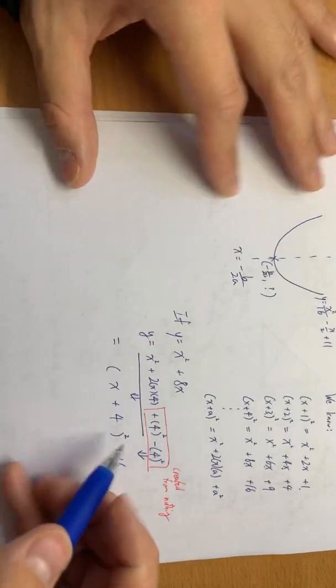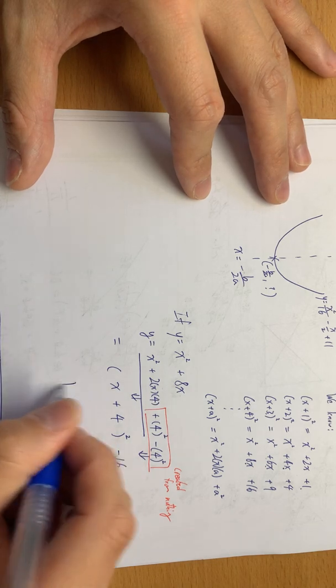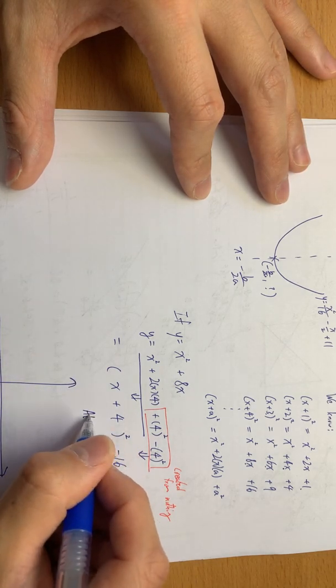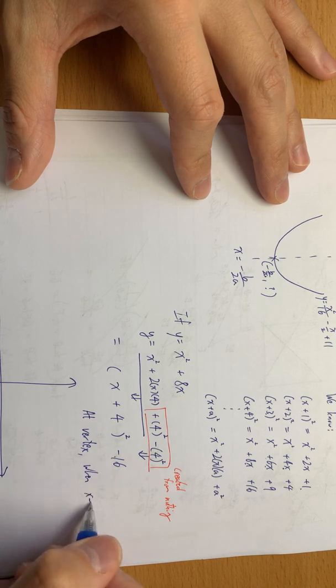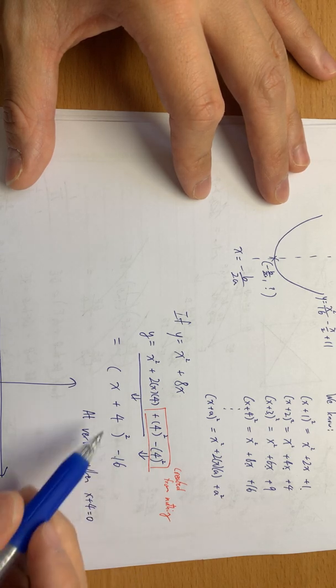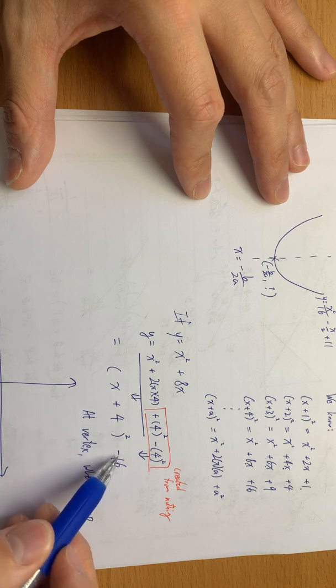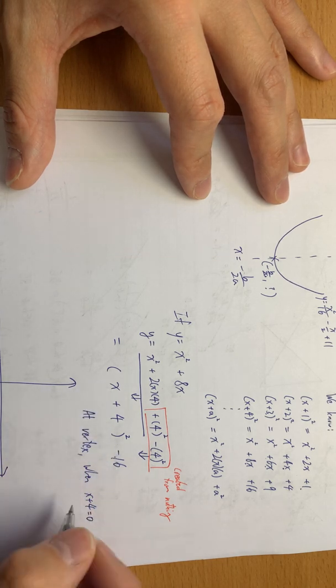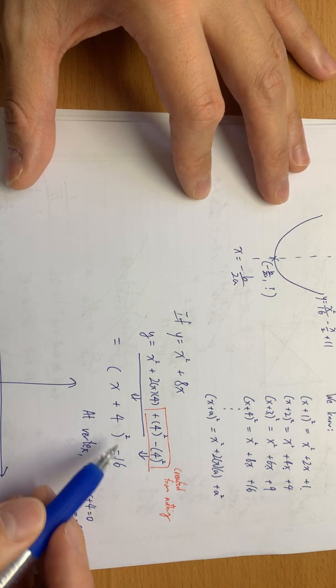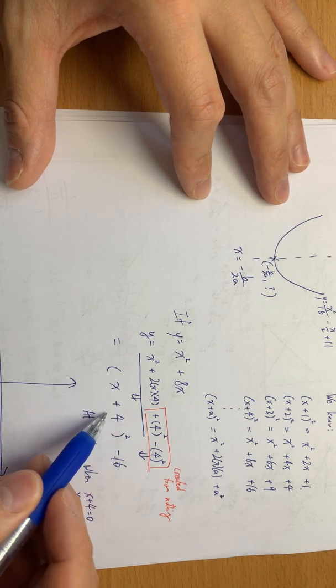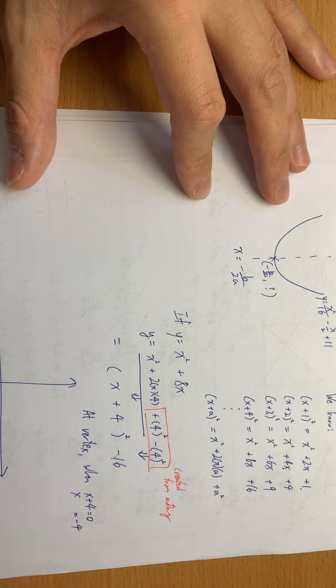So to draw this graph, I can directly write something like this as the vertex. When x plus 4 equal to 0, then the whole thing should be the minimum, because any other number different from negative 4 will be larger than 0 and then become higher than our minimum point.